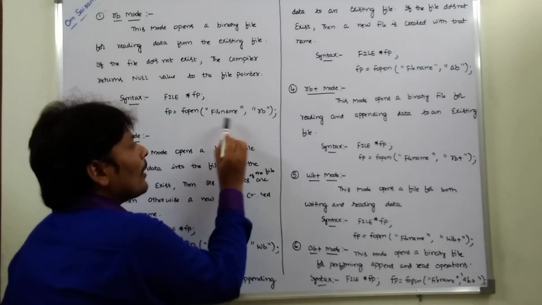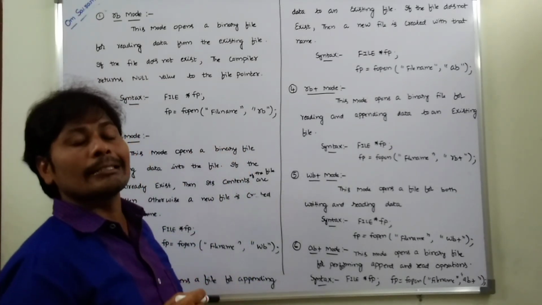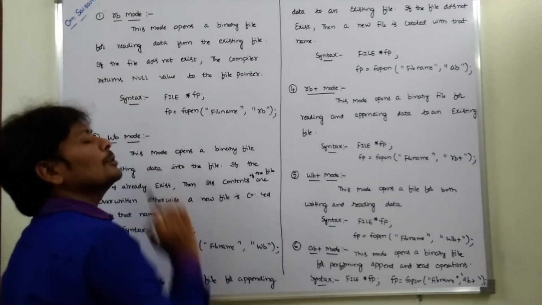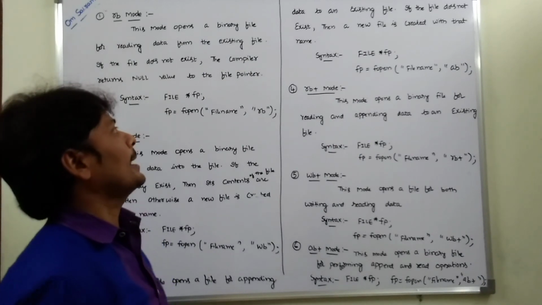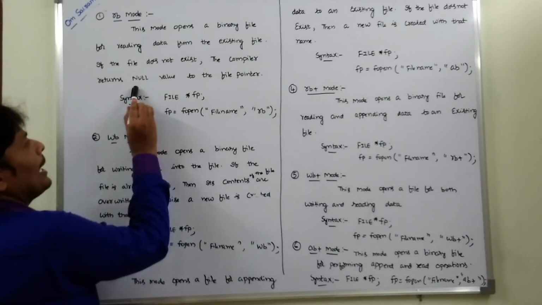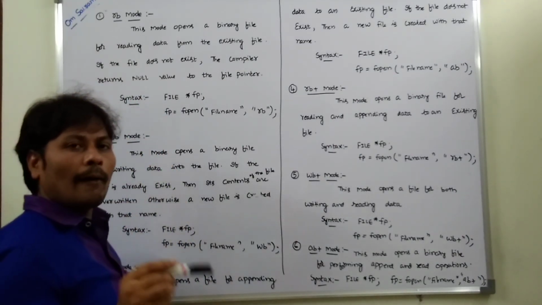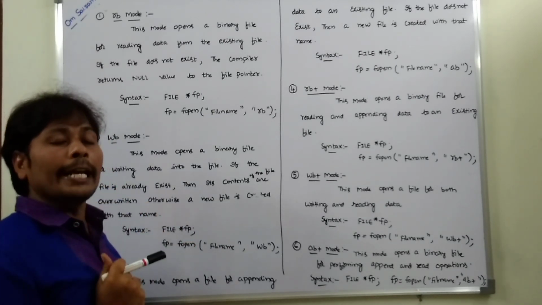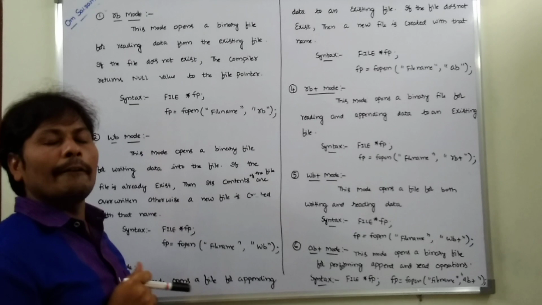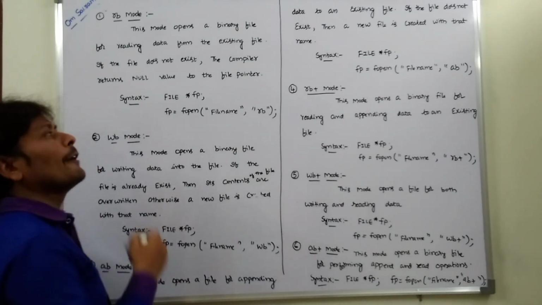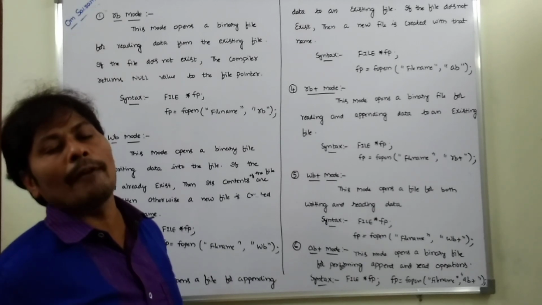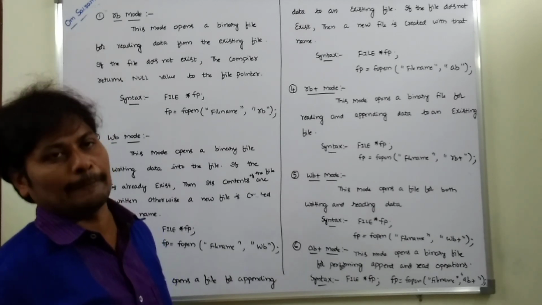If the file does not exist, then it returns a null value to the file pointer. If the file already exists, then the contents are read from the given binary file. If the file does not exist, then it returns a null value to the file pointer.